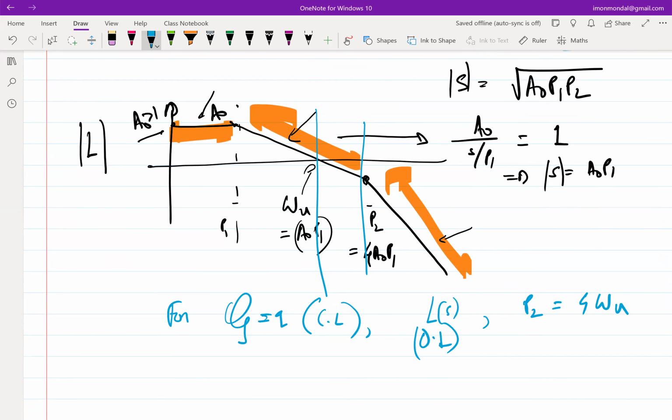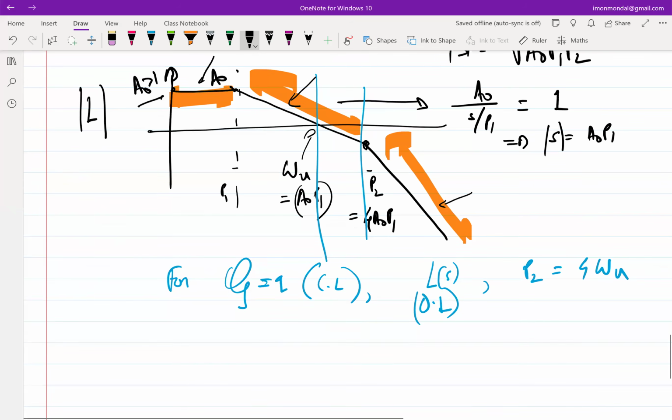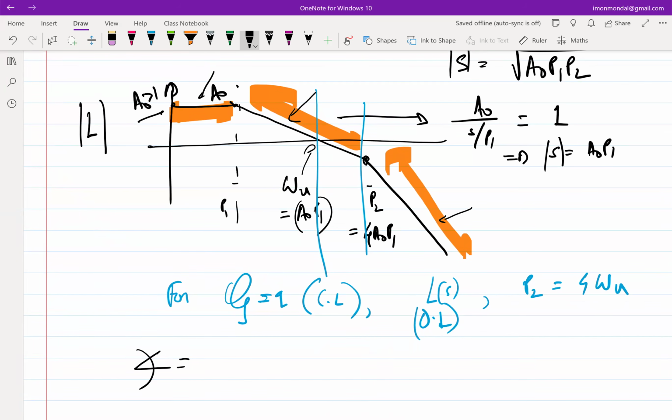Right? So why am I writing in this format? Because what will be the phase margin of this system? The phase margin of the system, what is the general expression? You find out the angle at gain crossover frequency, subtract it from minus pi, right?